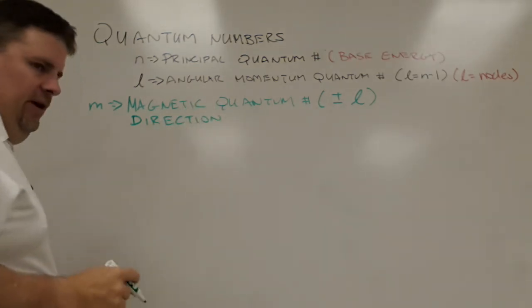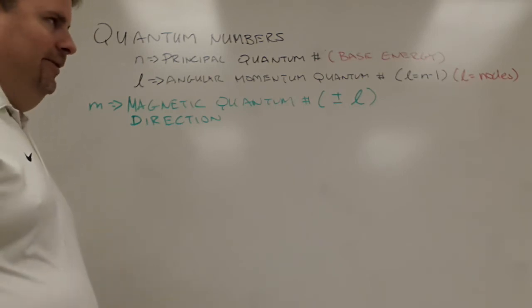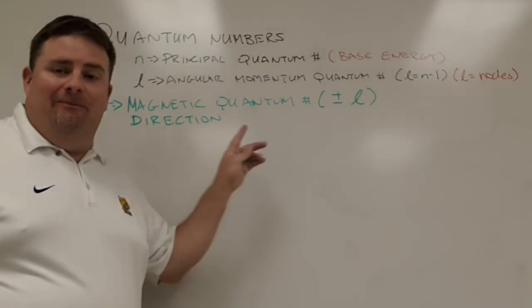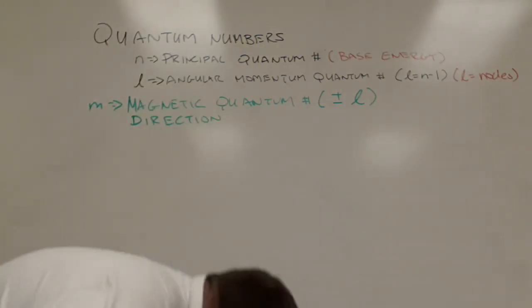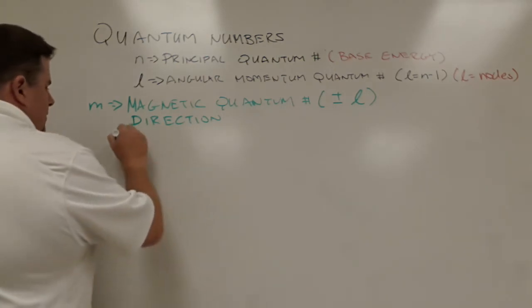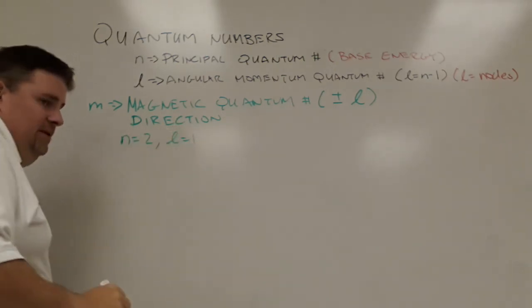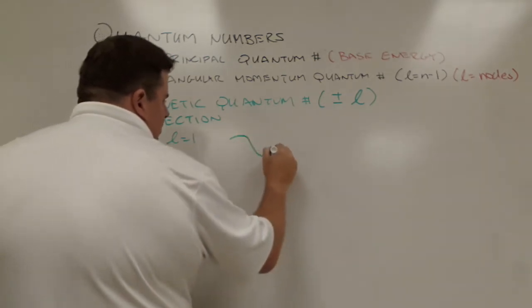So if I look at a p orbital, where n is equal to 2, L is equal to 1, this is a p orbital shape. I drew this like that.